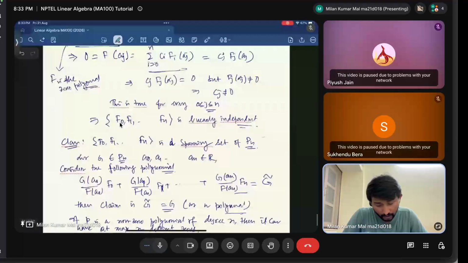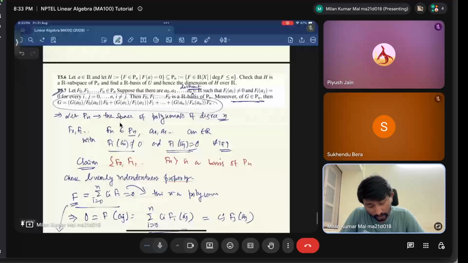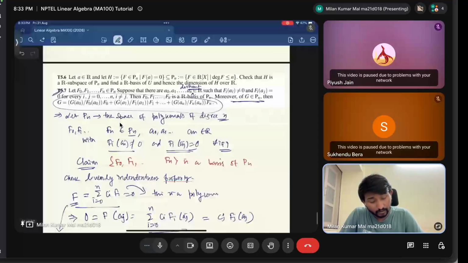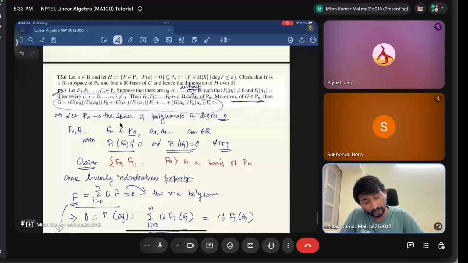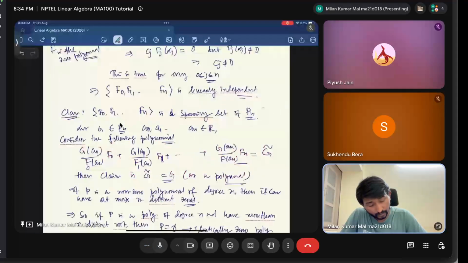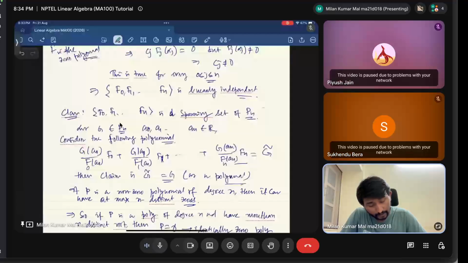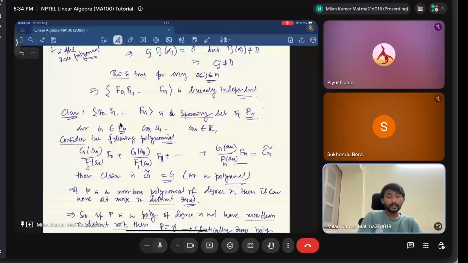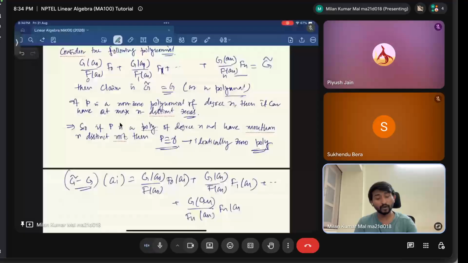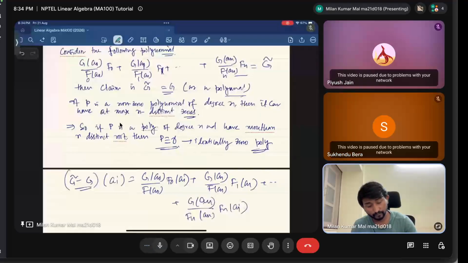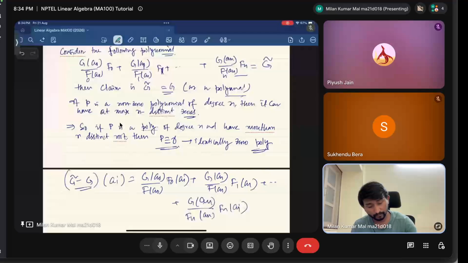It has to be f0, f1, fn. It will continue till g of an by fn of an and fn ai.